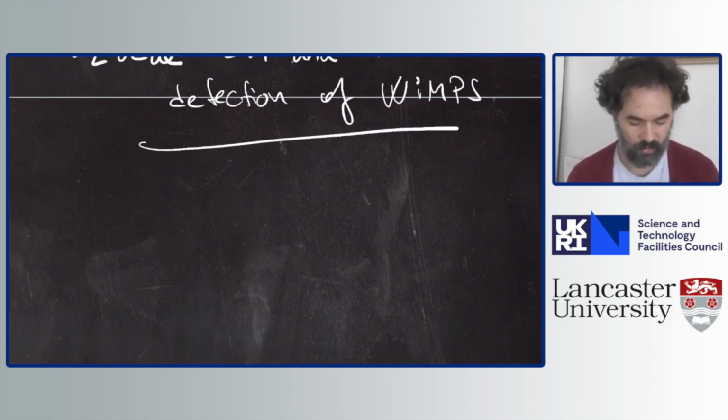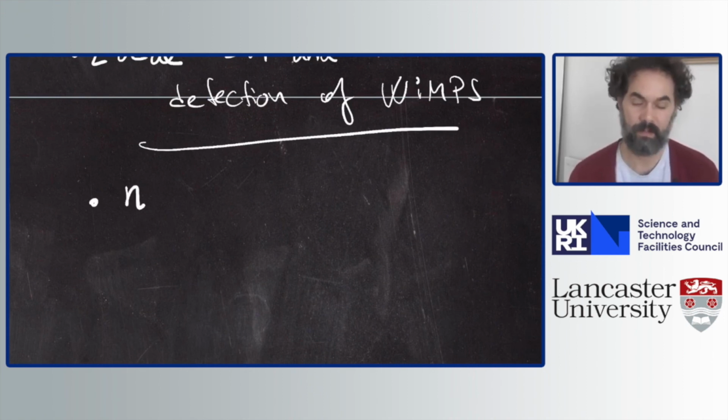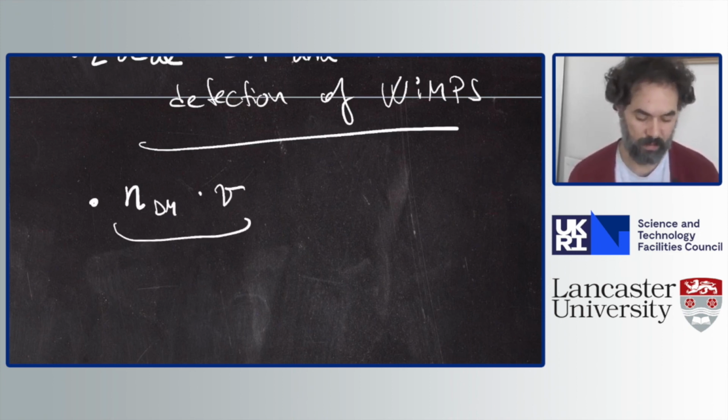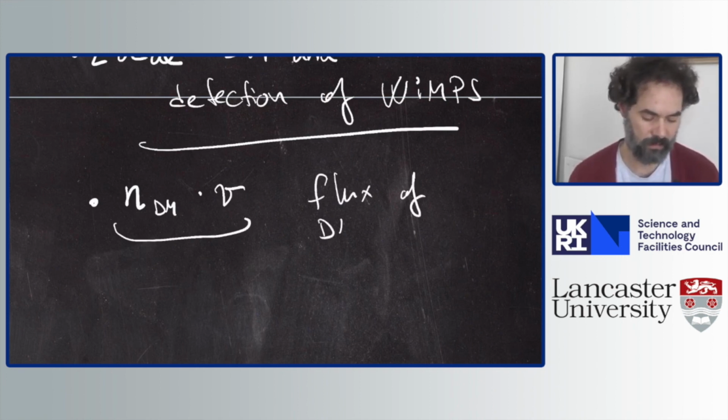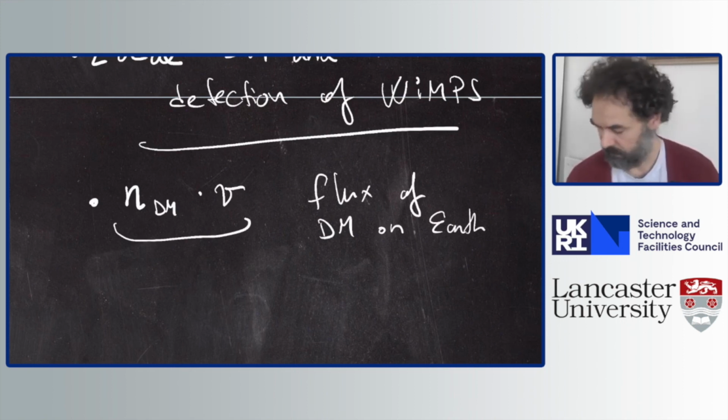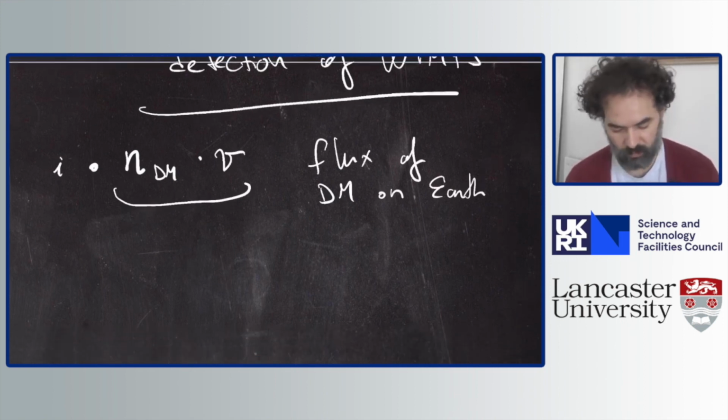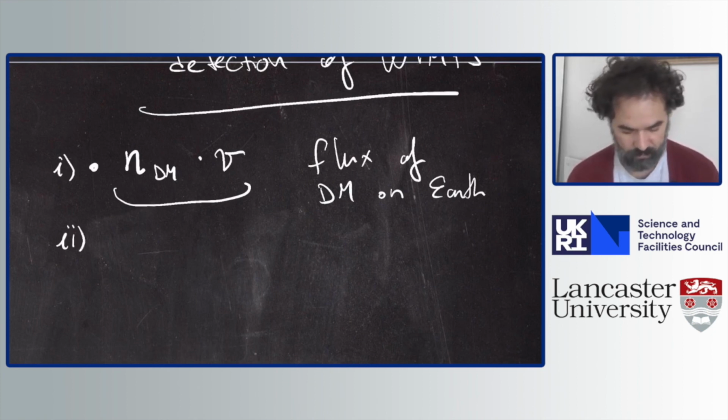For this, we need to know the number density of dark matter particles on Earth, and also most importantly, we need to know the flux. Number density multiplied by v. We need to know the flux of dark matter on Earth, and we need to know also how this affects the experimental sensitivities.